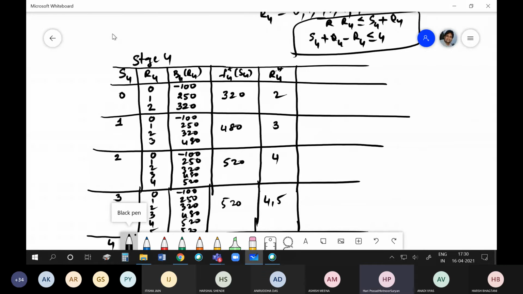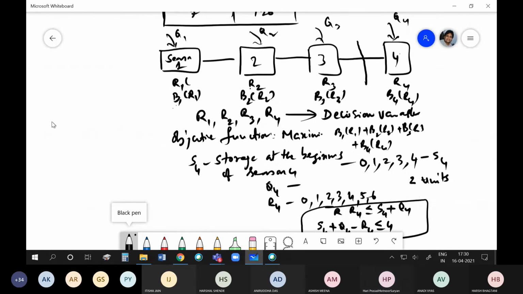Now let us come to stage 3. S3 is the storage at the beginning of the 3rd season.